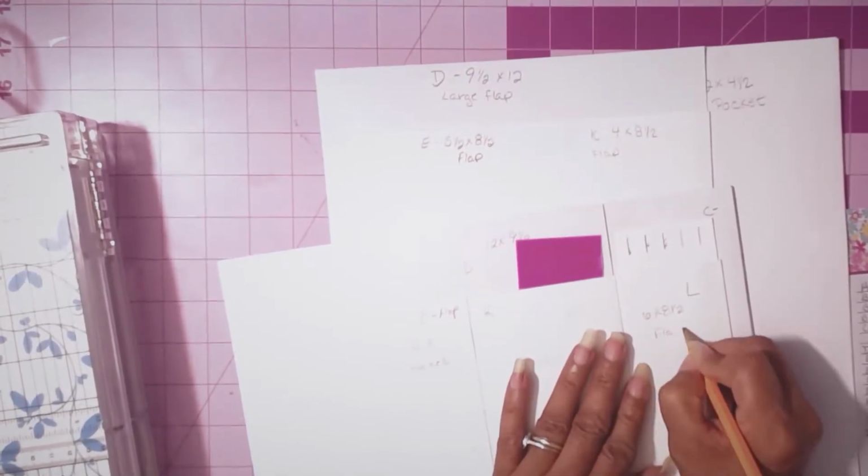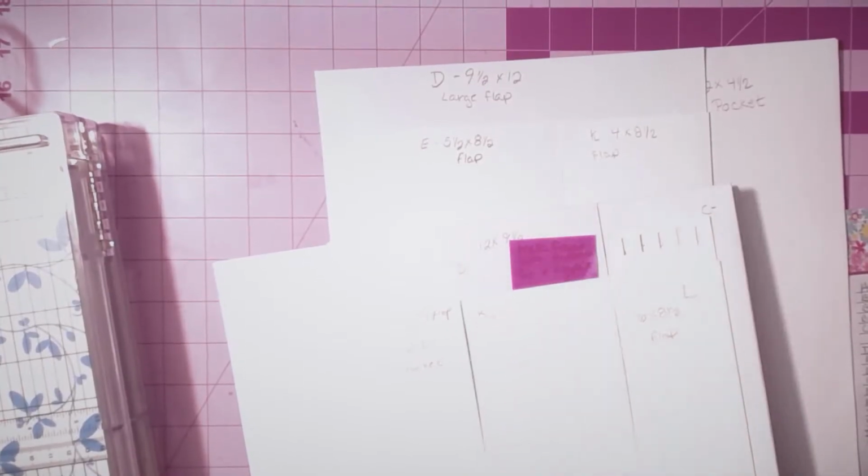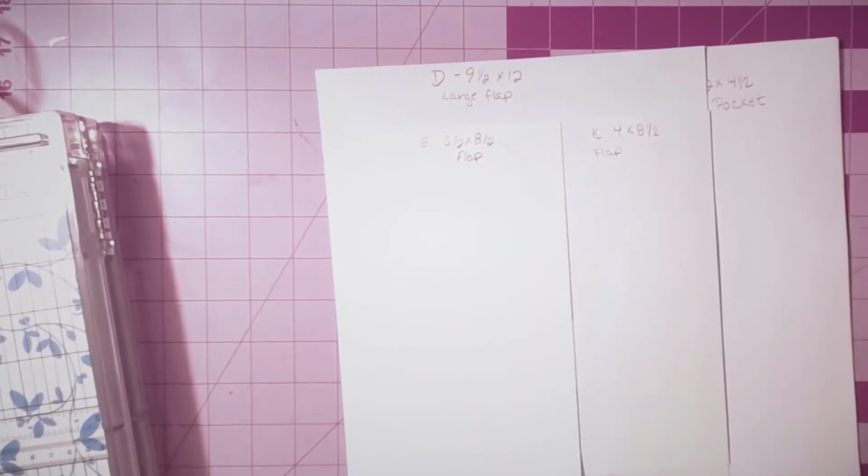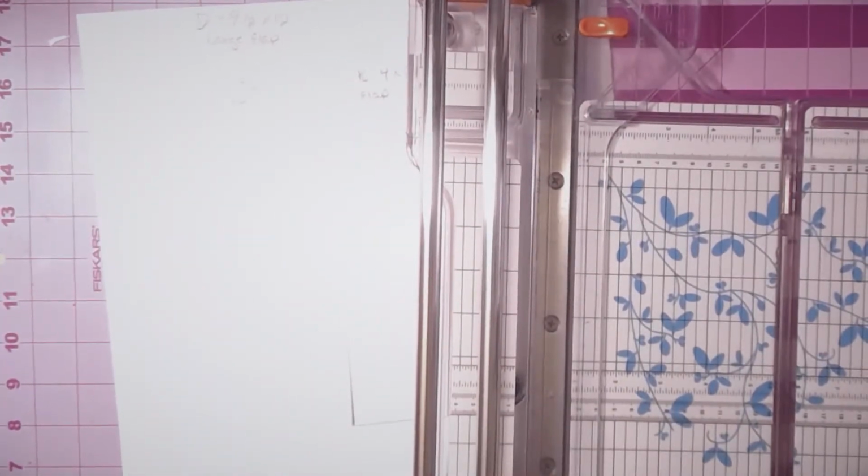We call that a flap. Okay. 6 by 8.5. I'm going to cut two.